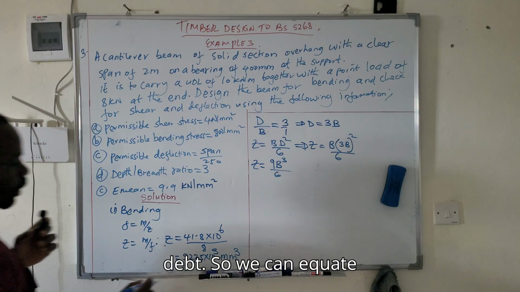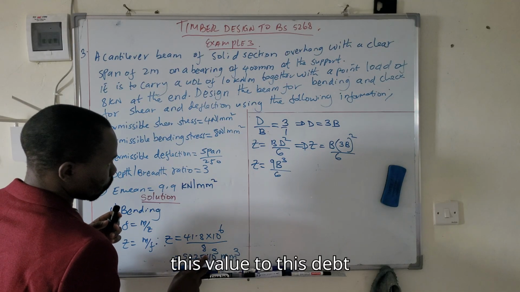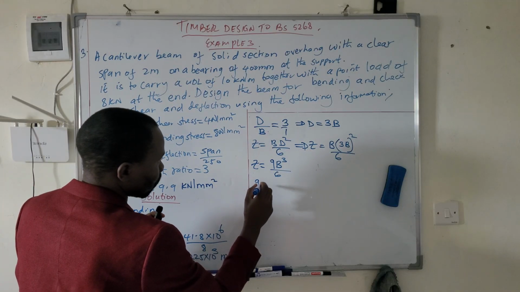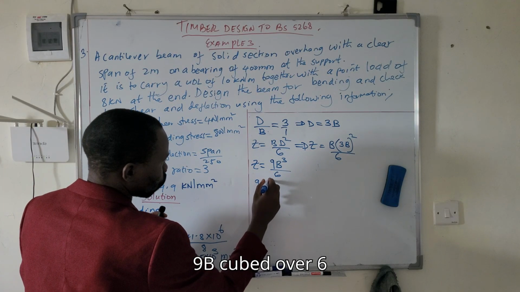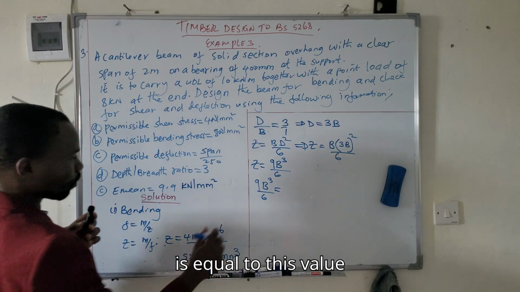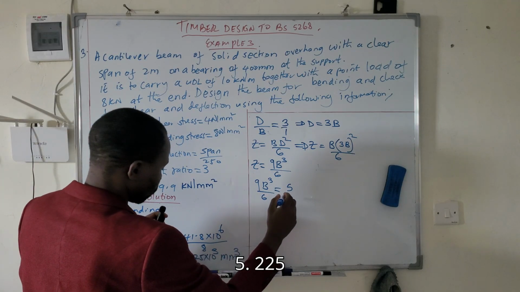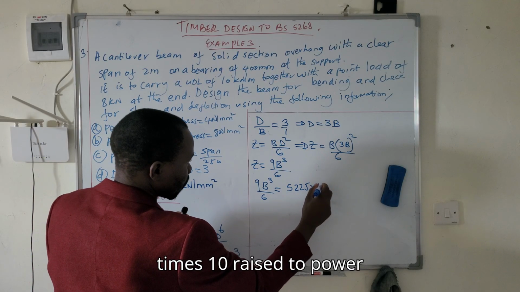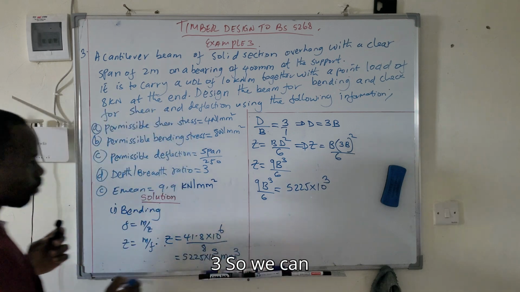So we have this Z and we have this Z. So we can equate this value to this Z by saying that 9B cubed over 6 is equal to this value, 5225 times 10 raised to power 3.